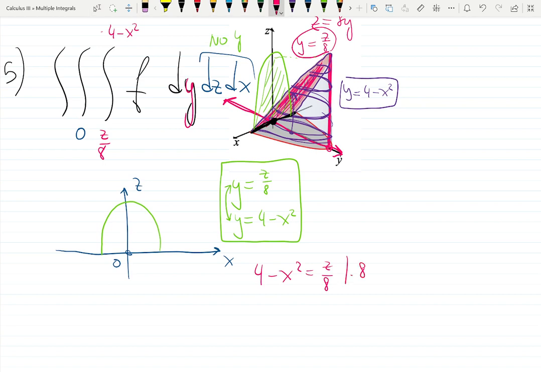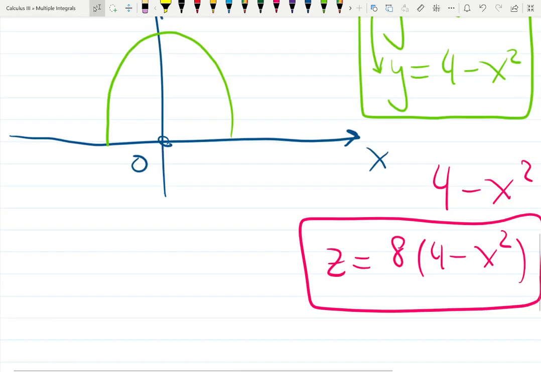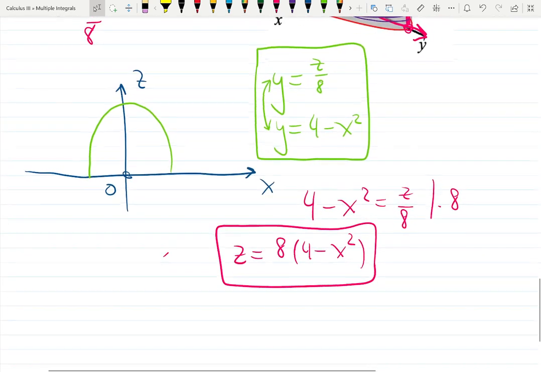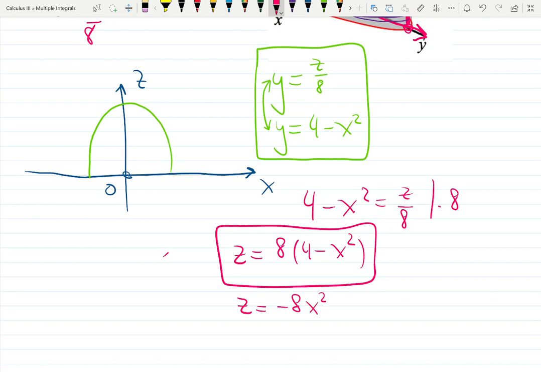Multiply by 8 and you will have 8 times 4 minus x squared equals z. Well, that's not a nice way to write it down. Z equals that, a concave down parabola. If you want to see it the way you know, it's going to be minus 8x squared plus 32.